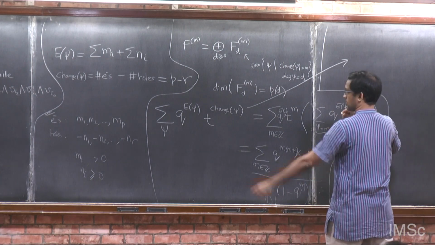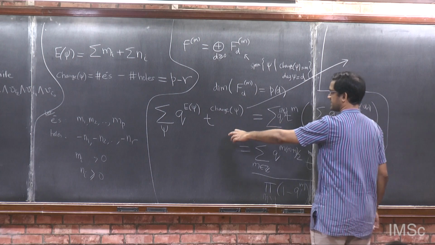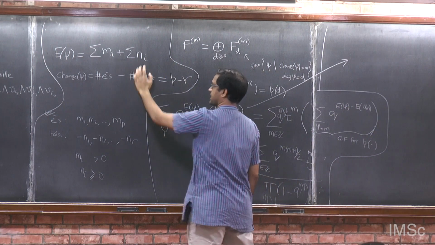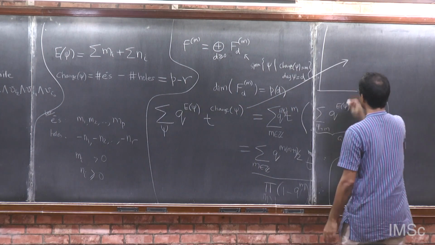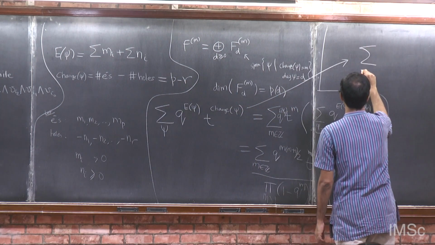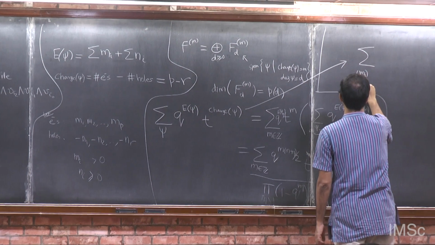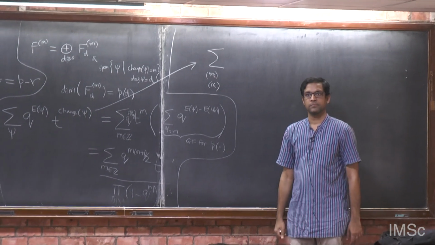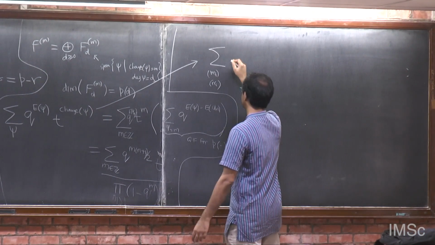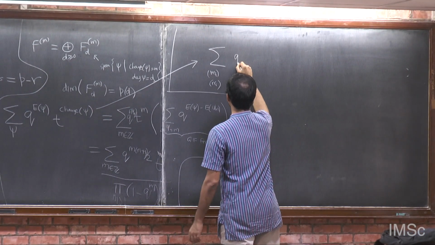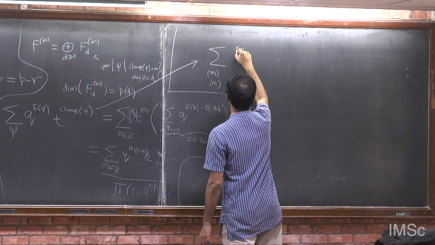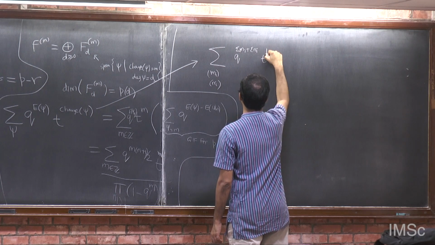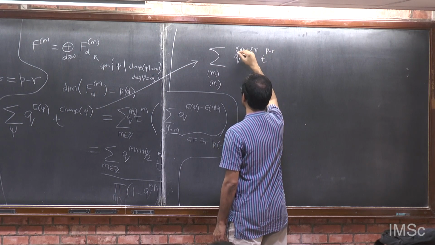So how do I find the energy? I know how to find the energy in terms of the m_i's and the n_i's. Each psi is determined by this sequence of m_i's and this sequence of n_i's, so I will sum over all possible m_i's and n_i's, of q to the energy, which is the sum of m_i plus the sum of n_i, times t raised to the number of m_i minus the number of n_i. I'm being slightly loose here.